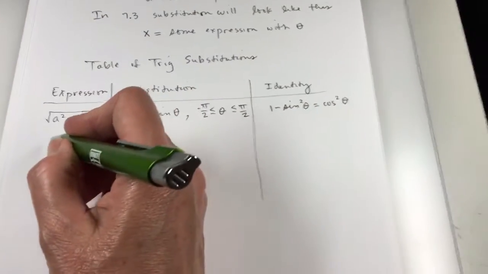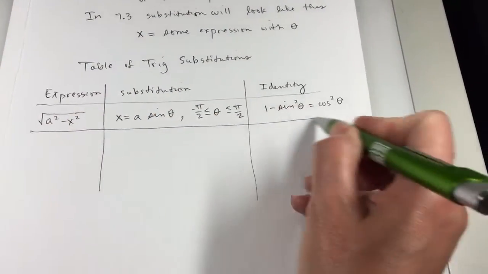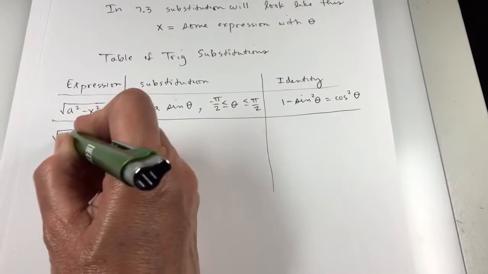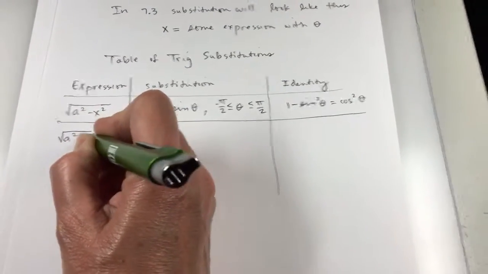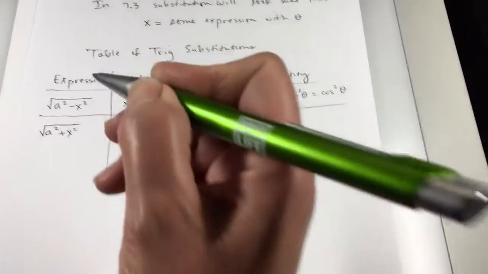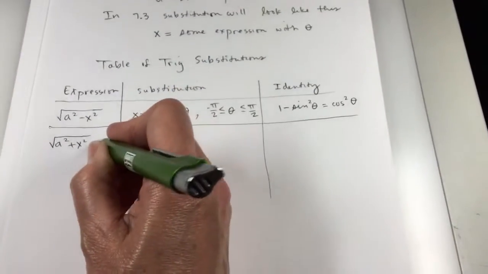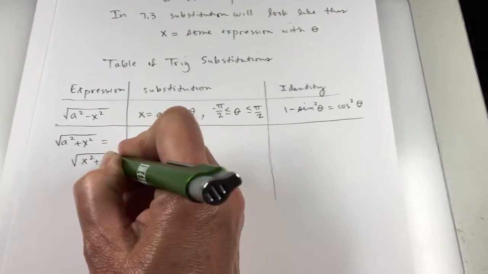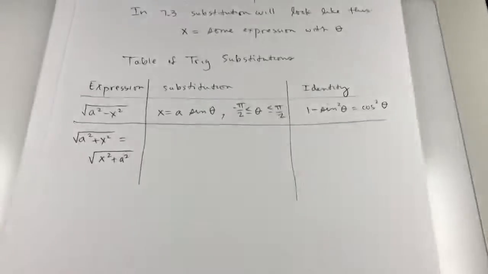The second expression is the square root of a squared plus x squared. Sometimes you'll see that as the square root of x squared plus a squared. I just used the commutative property.